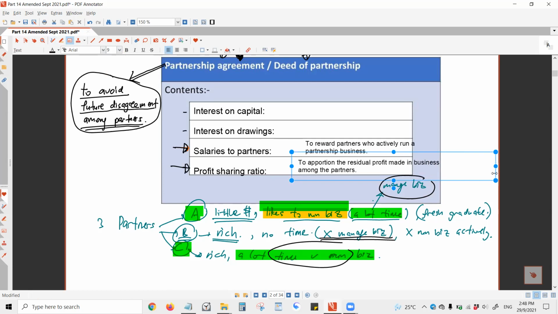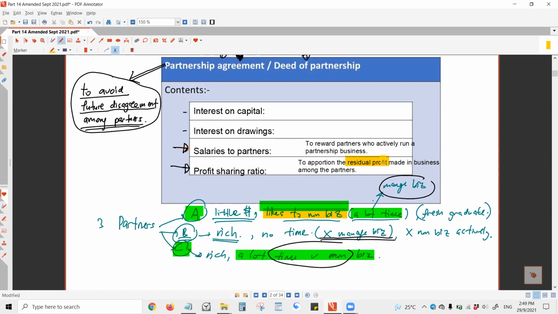For now, you just take it as the simple word profit, money earned. Later, I will show you how we calculate the residual profit. So profit sharing ratio tells you how we all share the profit.